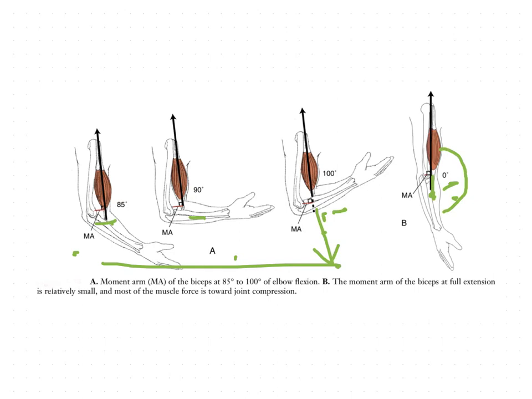So the biceps action is affected by the elbow joint angle during the concentric type of contraction and isometric type of contraction, but not during eccentric or isokinetic types of contractions.